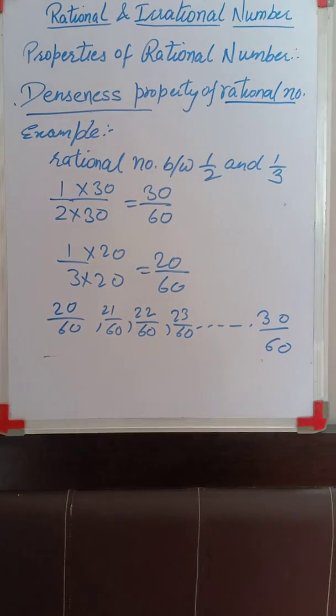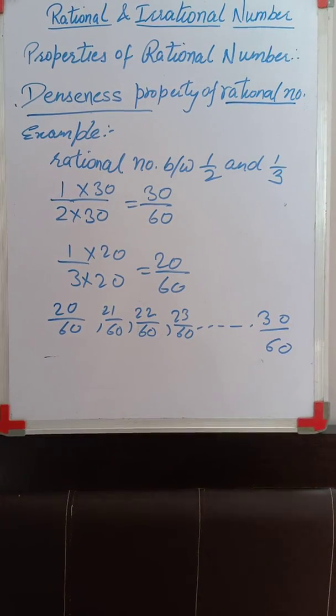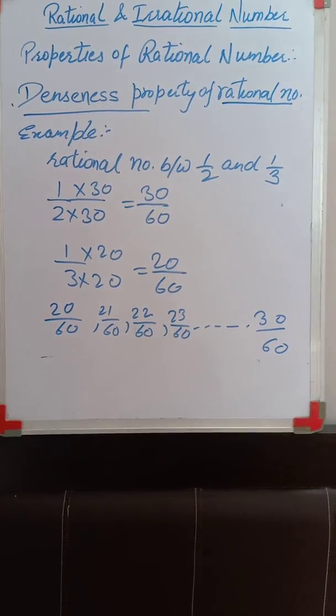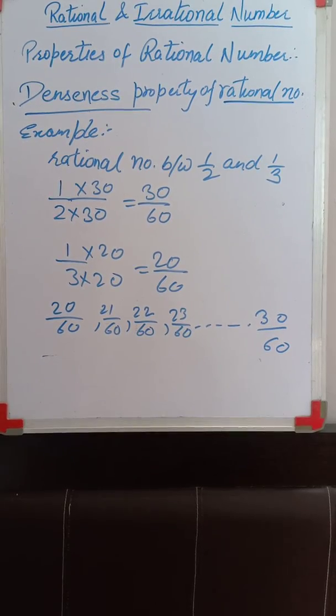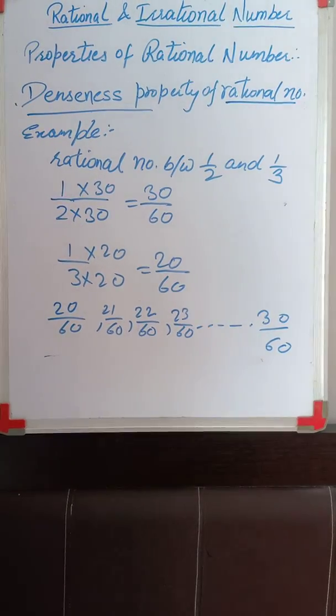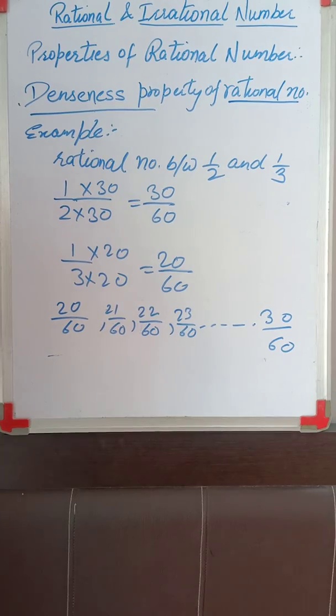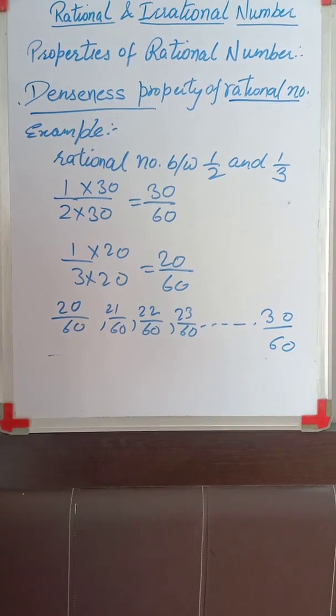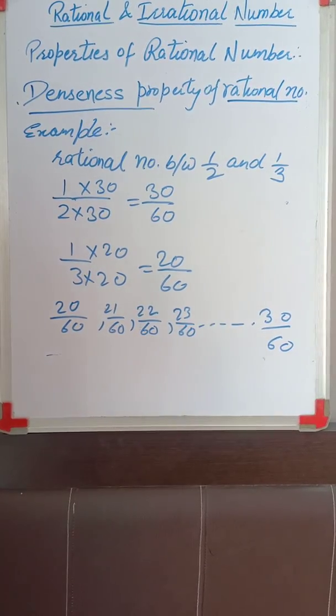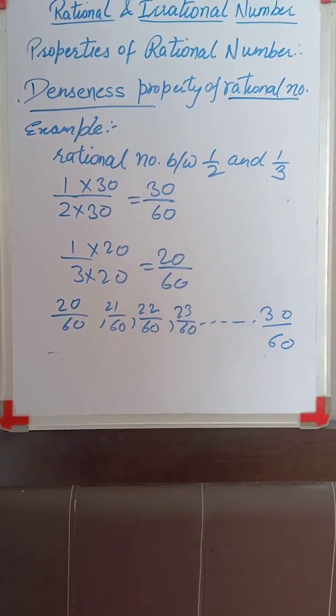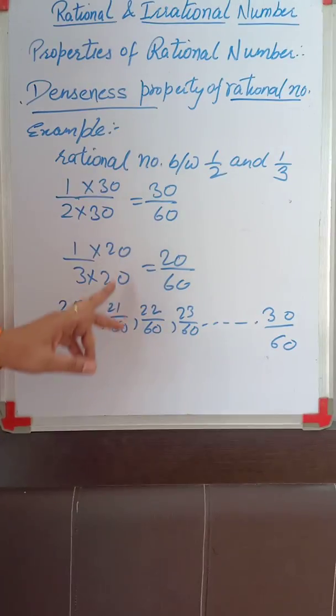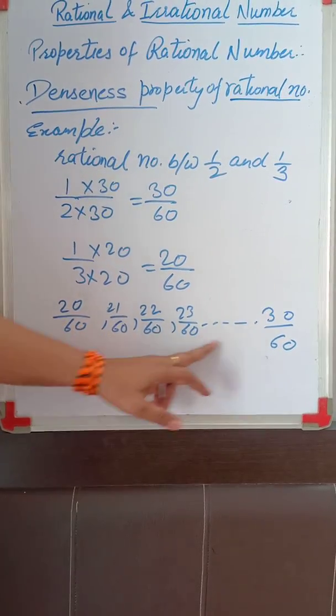This is the method that you have learned in the earlier class, how to calculate numbers in between two rational numbers. But in the same example, I am showing you another method with which you can calculate infinite numbers in between. Here, when we multiply like this, you get finite numbers in between.